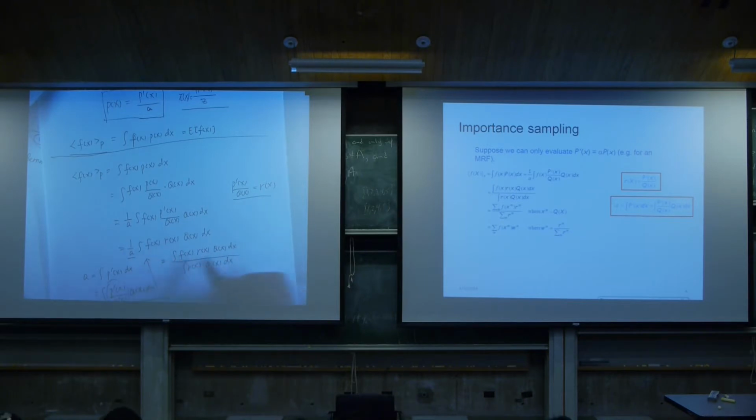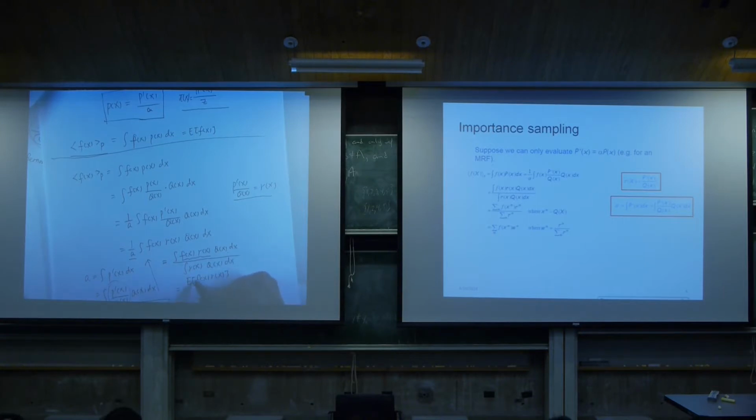And look at here. This q(x) is a distribution, and here is a function of x. So this is simply the expectation of f(x) r(x) defined over q.